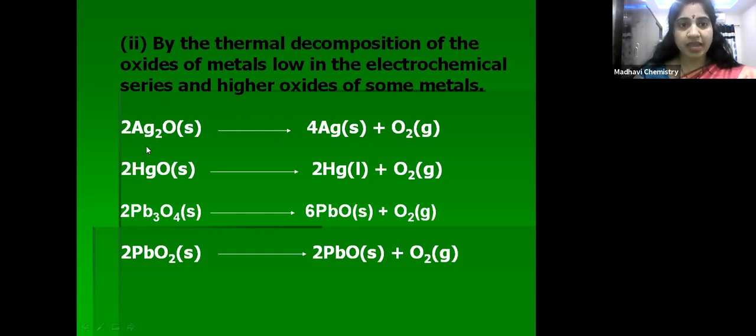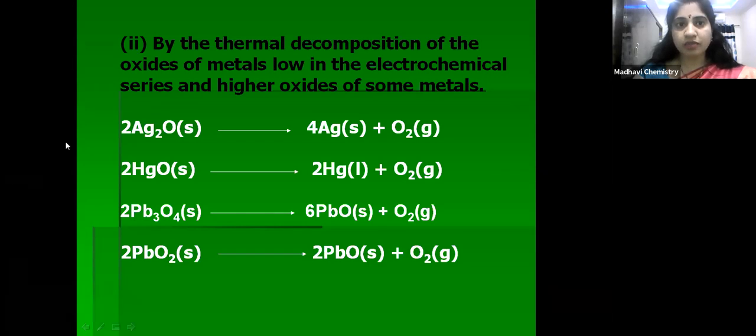For example, Ag2O, silver oxide, when heated, gives silver plus oxygen. Similarly, mercuric oxide, HgO, when heated, liberates oxygen, right, children?